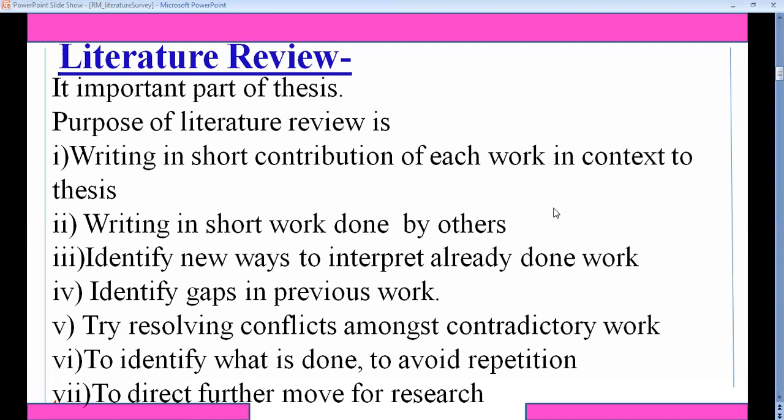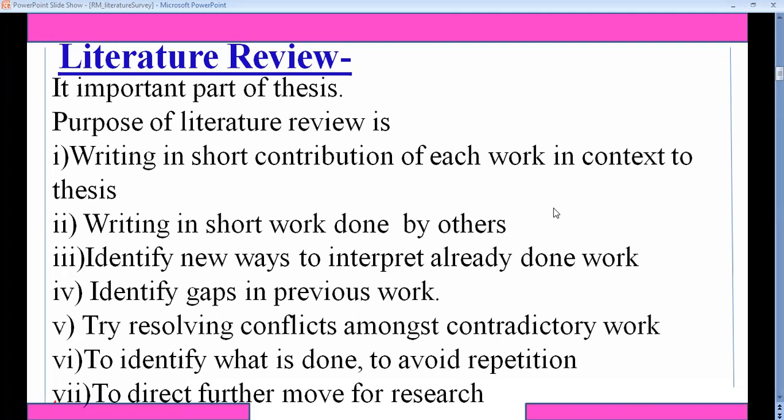So, in short, we mention in that, we can say 7 to 8 lines. We mention what the author has done, what approach he has used, what is his finding, what is the range of parameters he or she has used. That is written in 7 to 8 lines. Please understand.